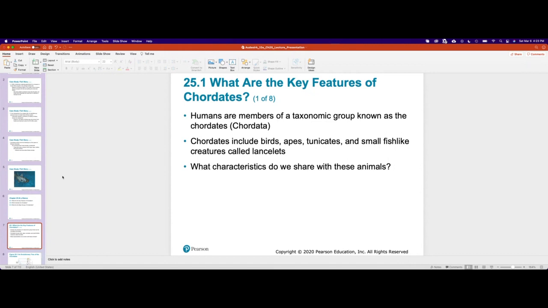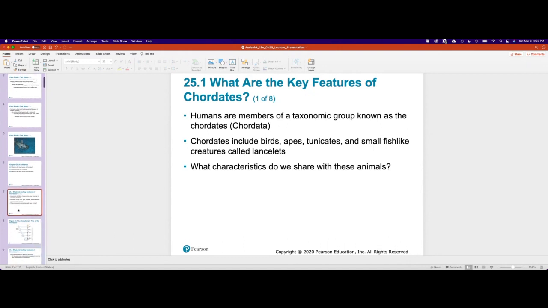However, typically when we think of animals, we think of animals with a vertebrae or a vertebral column. We'll get into that towards the end.